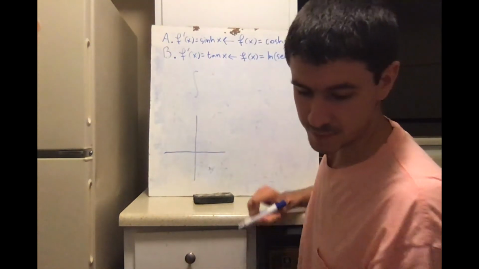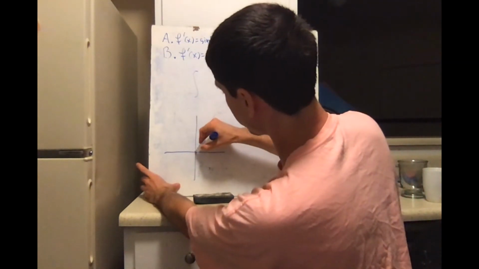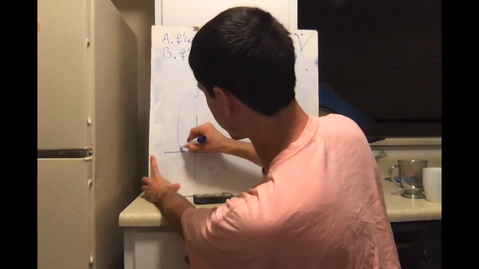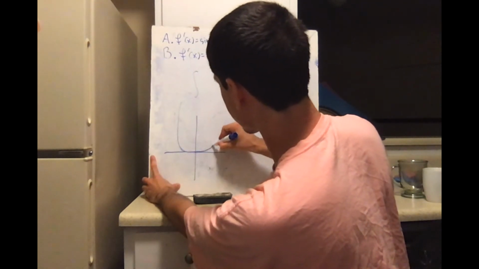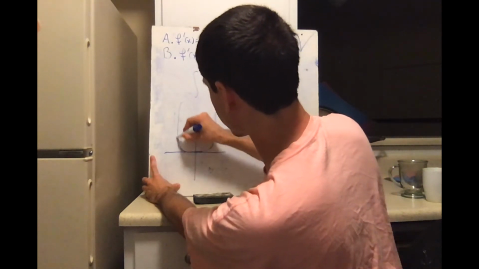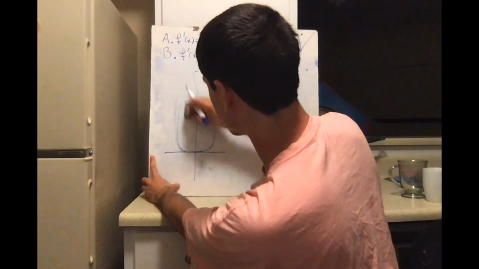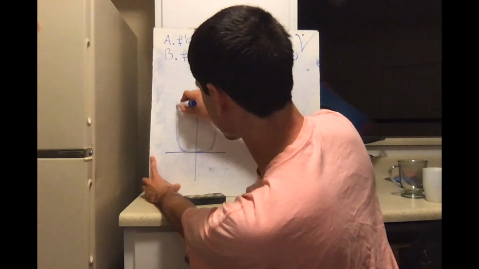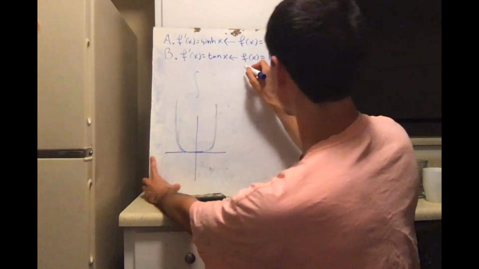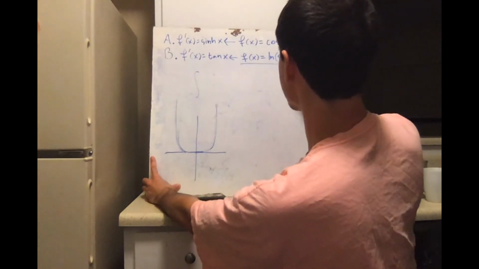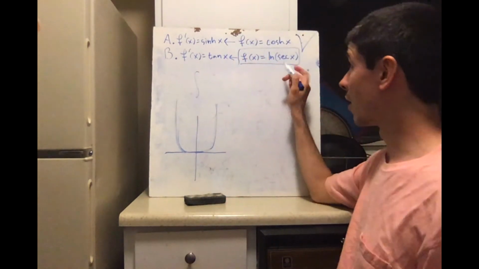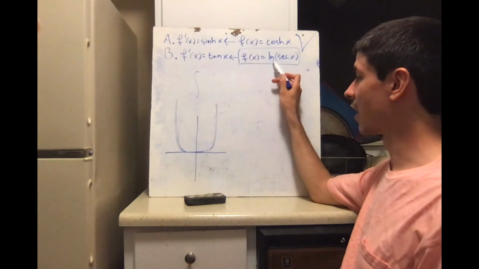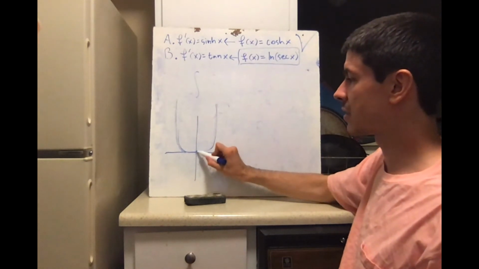So the curve looks something like this, a very dramatic, sort of boxy U-shape that has f equals natural log of secant, because secant 0 is 1, and ln of 1 is 0, so that's where we get this.